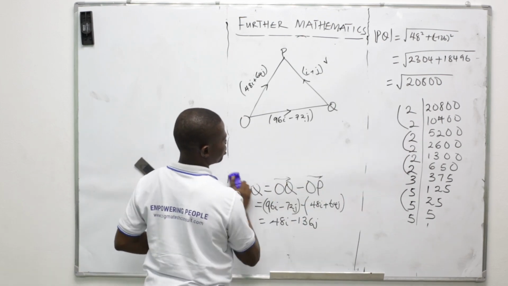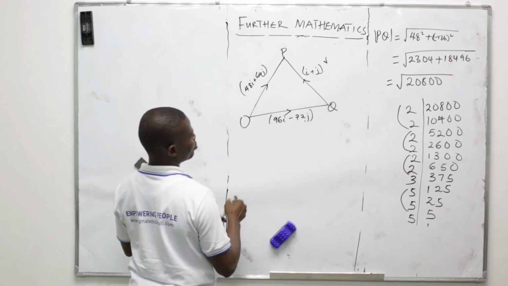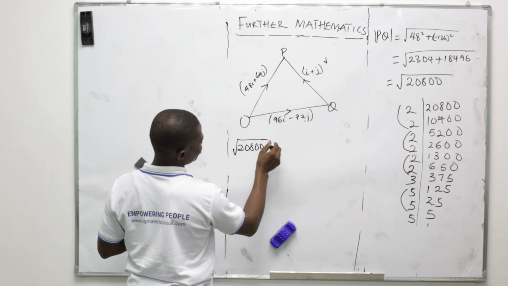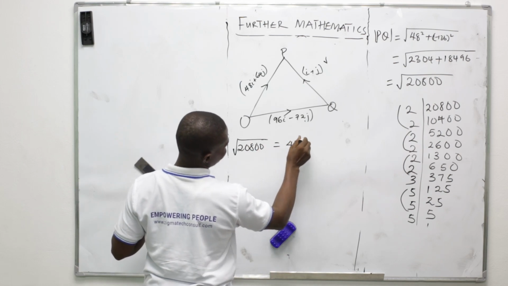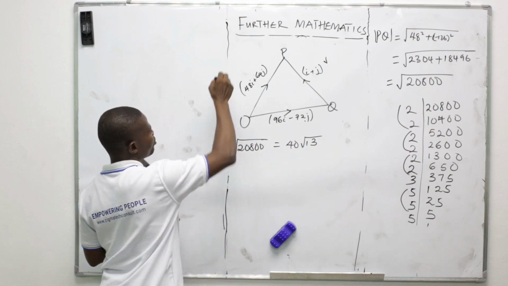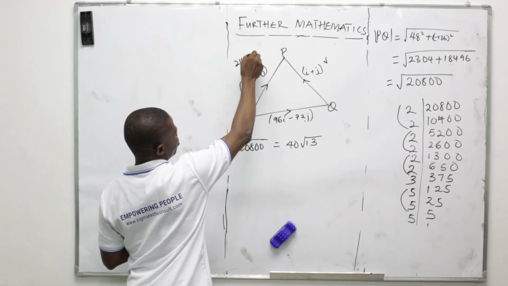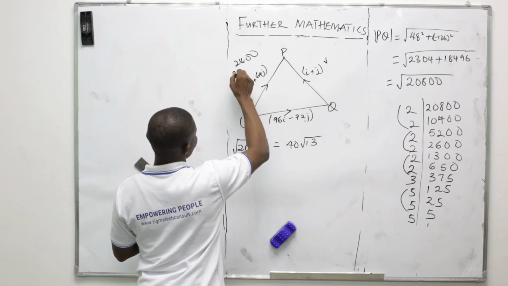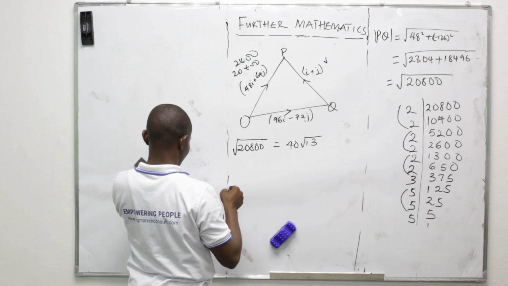It means that root 20800 equals 40 root 13. Because 13 cannot go.